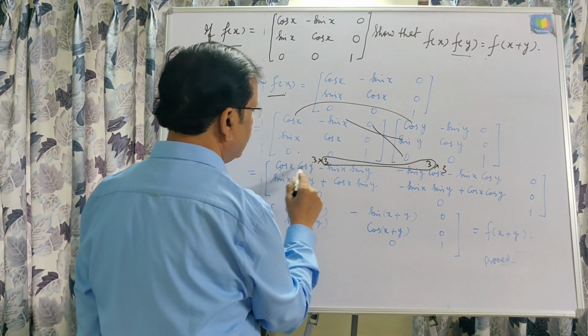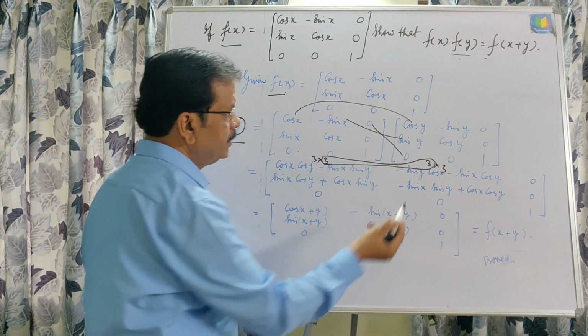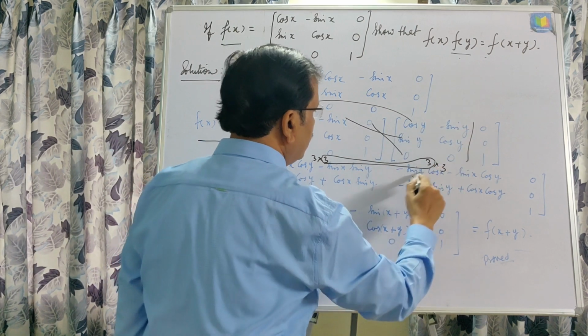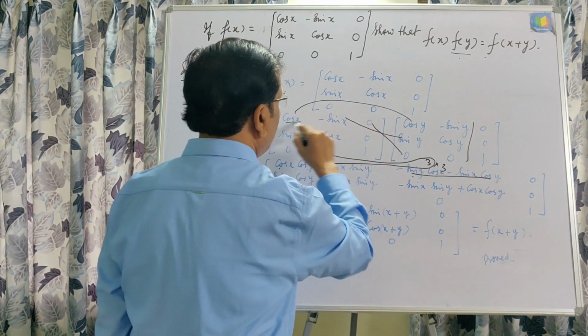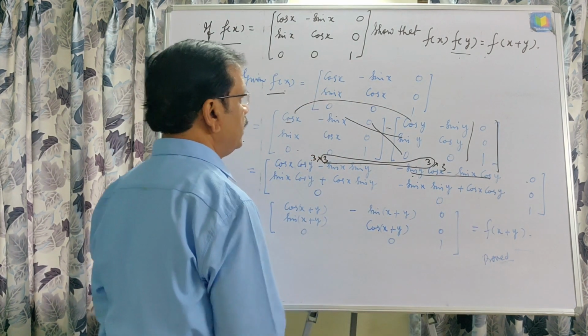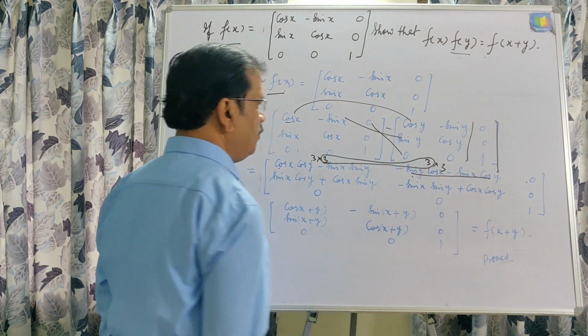We can see cos x cos y minus sin x sin y plus 0. That is meaningless here. In the same way, first row, second column, corresponding elements multiplied and added. First row, last column, corresponding elements multiplied and added. In this last one, we will get 0, 0, and 0 multiplied by 1, 0.